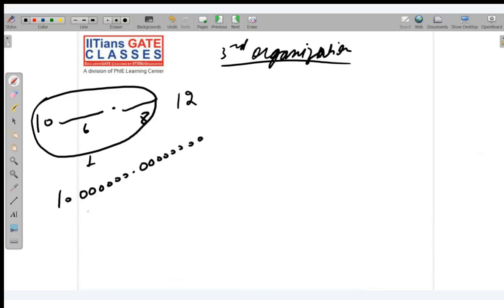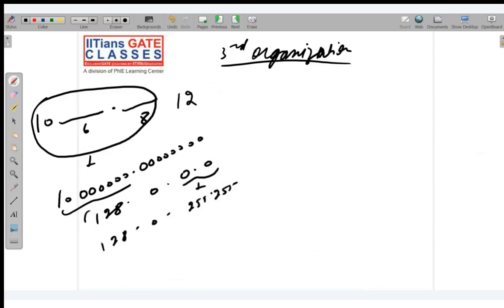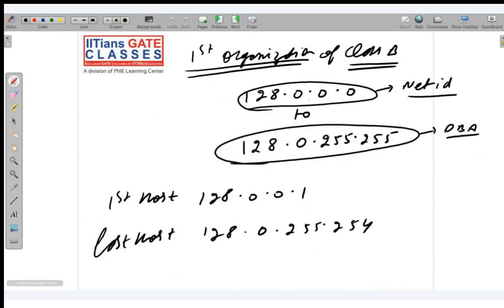So now what is this? 128. Here what is this? 0. And then 0 and 0 for the last two. And here we will get 255.255, and here 128.0. So this is for your first organization. This first organization was 128.0.0.0, like this.